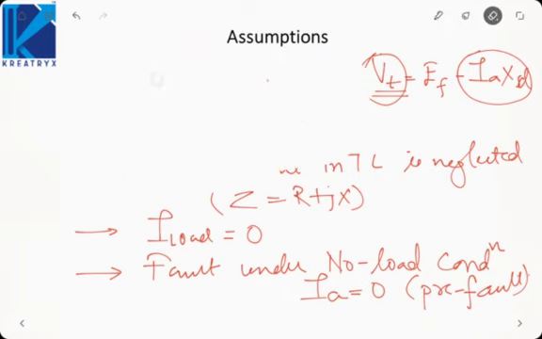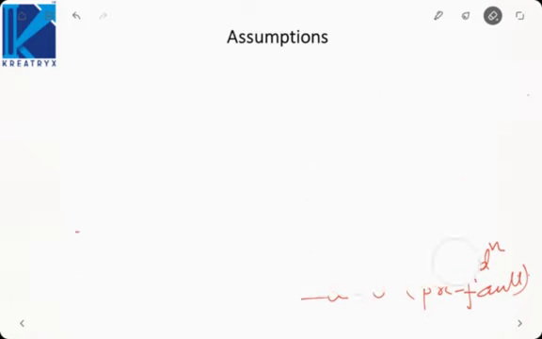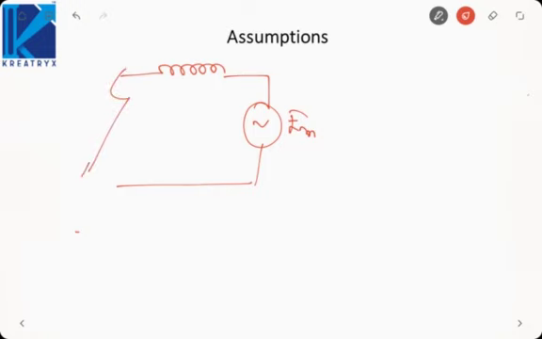The next assumption that we make is, we will neglect all the loads in the power system except synchronous motor. Why? Suppose there is a synchronous motor, and we short circuit the terminals. Now it will act as a generator and it will supply current to the fault.